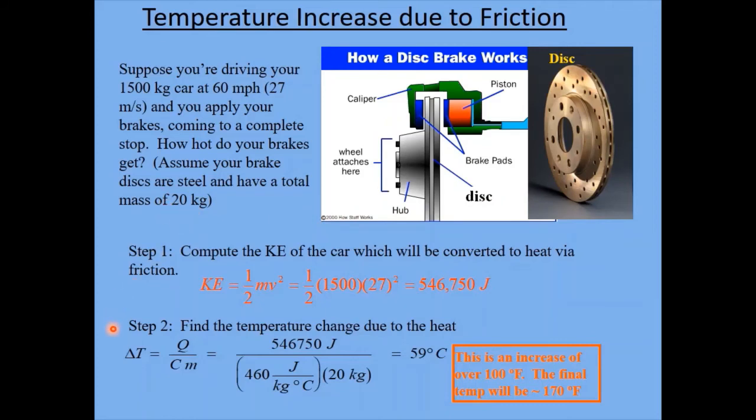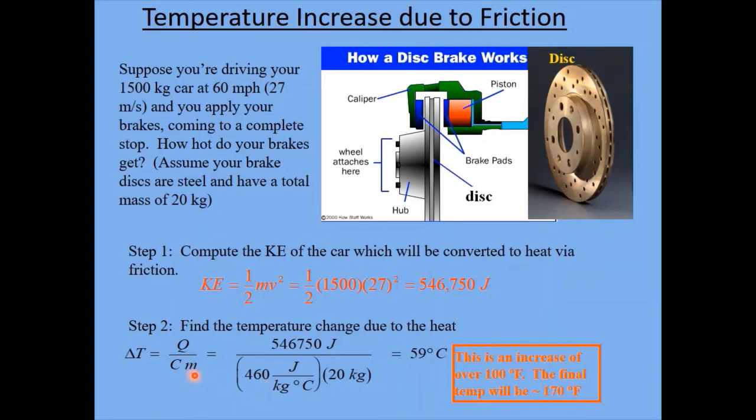So step 2, we're going to find the temperature change due to heat. Remember that from our temperature-heat relationship, when we solve it for delta T, we get delta T equals Q over Cm. And Q is this number right here, 546,750 joules. We have to look up C, the specific heat for steel, and I found that to be 460.